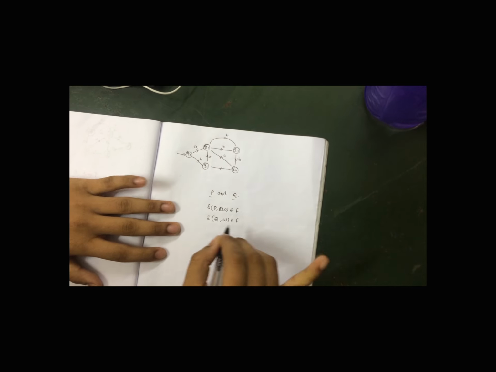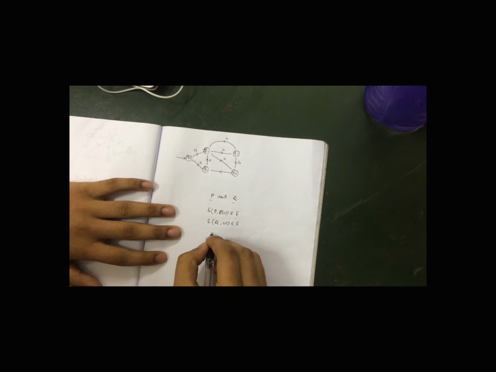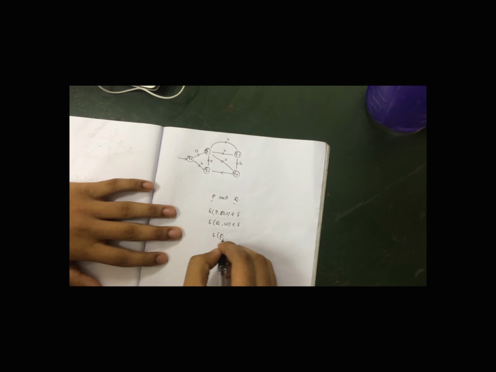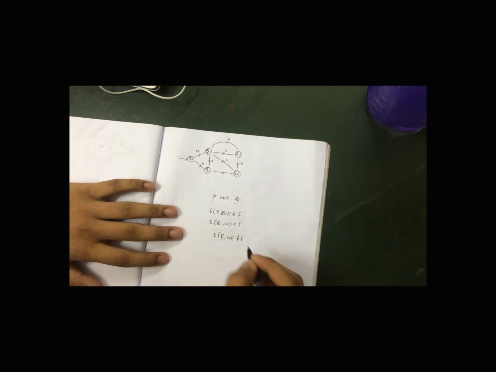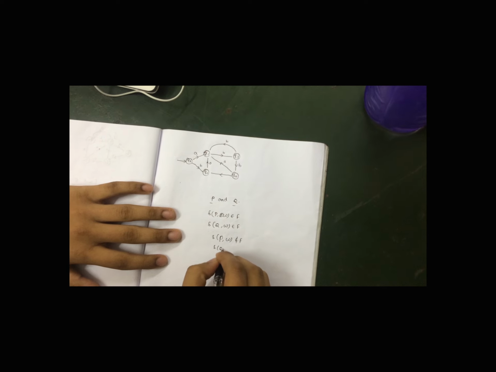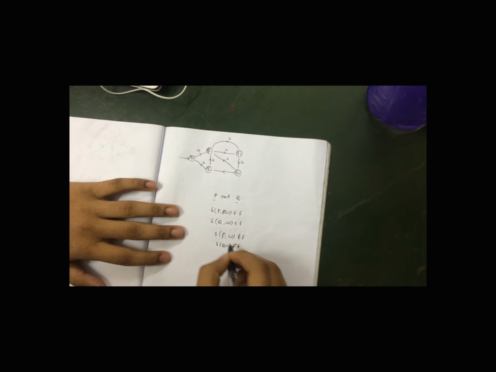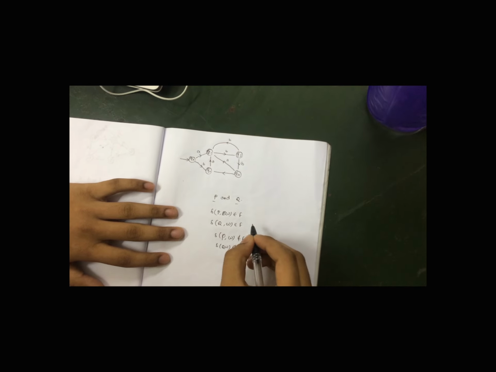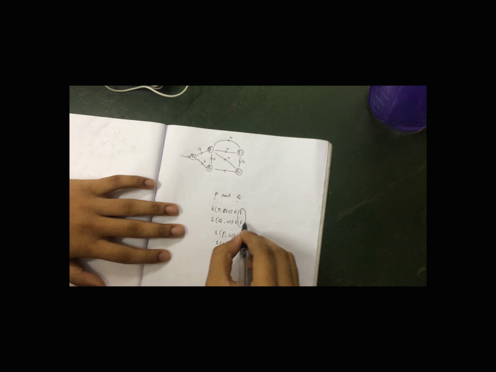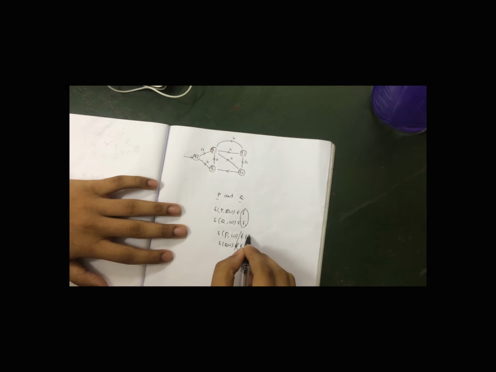Or if P doesn't reach the final state and Q also doesn't reach the final state, then we can say both are equivalent. Only in the case where both reach the final state or both don't reach the final state.